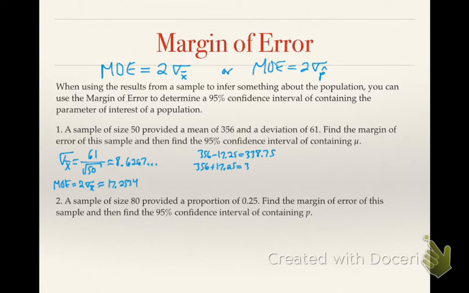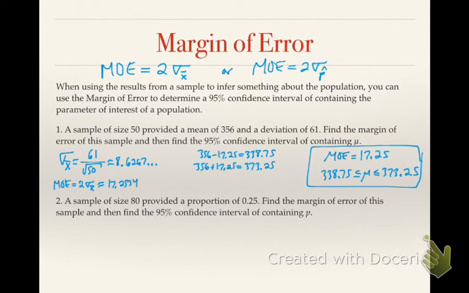That gives me 373.25. So the margin of error, let's say, ends up being 17.25, and then the 95% confidence interval containing mu is going to be 338.75 is less than or equal to mu is less than or equal to 373.25.